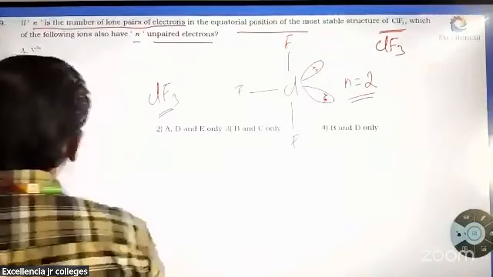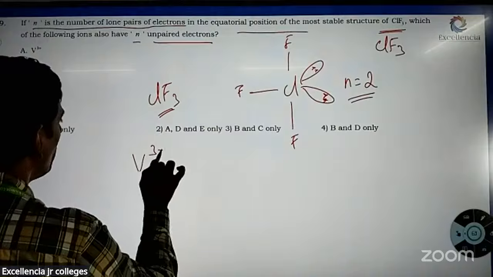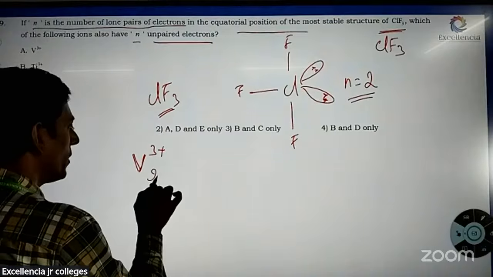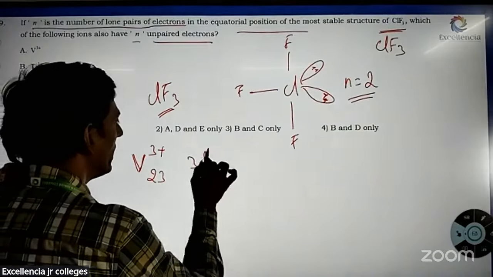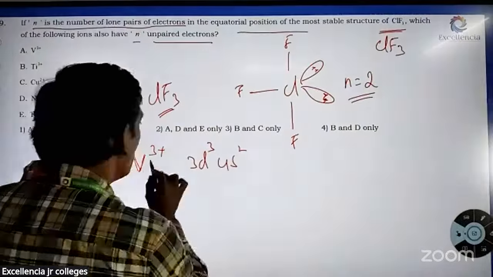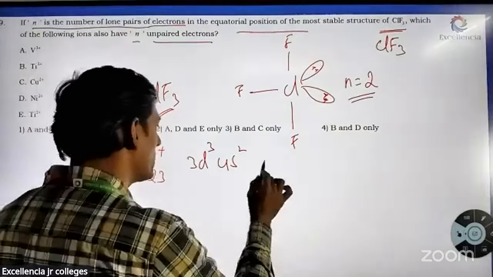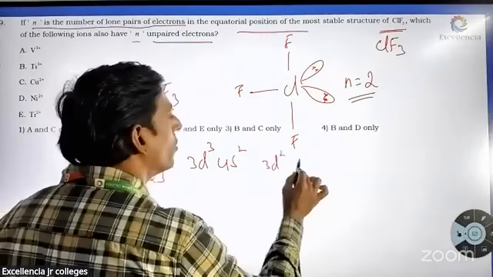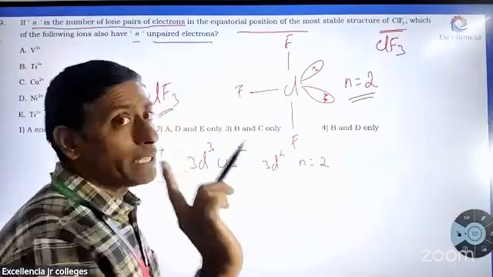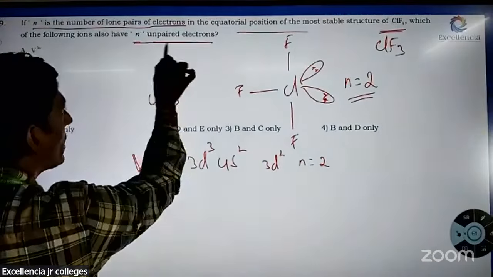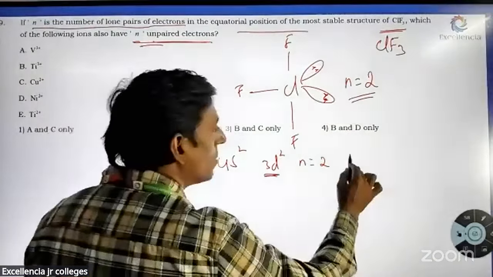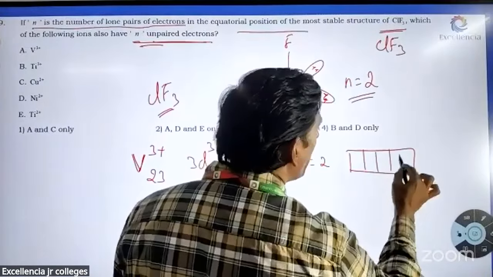Okay, so vanadium 3 plus is given. Vanadium, what is the atomic number? 23. So we get 3d3 4s2. For the plus 3 condition, 2 electrons from here and 1 electron from here. What is the configuration? 3d2, so 2 unpaired electrons.